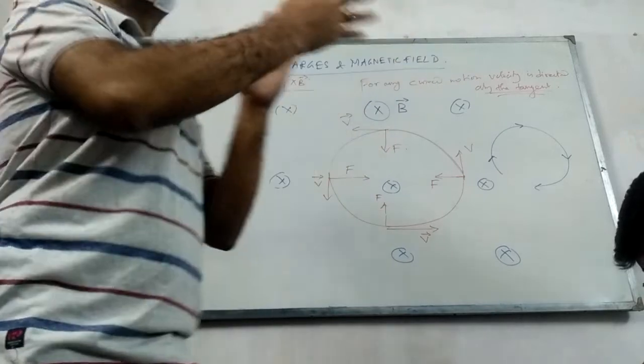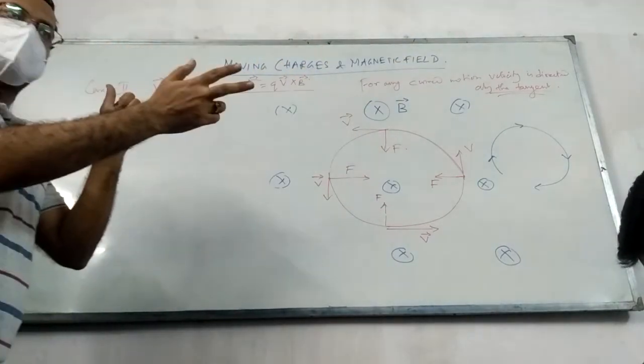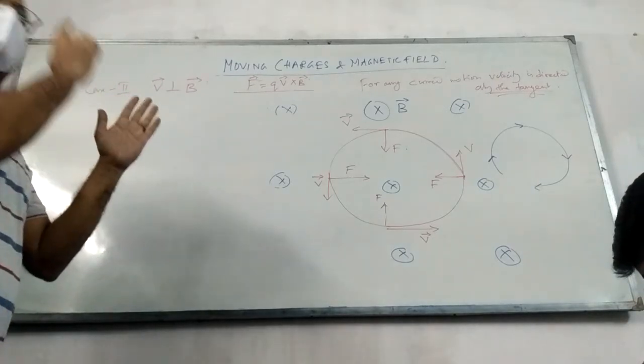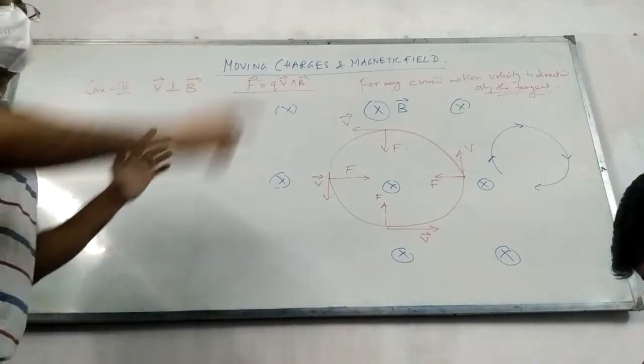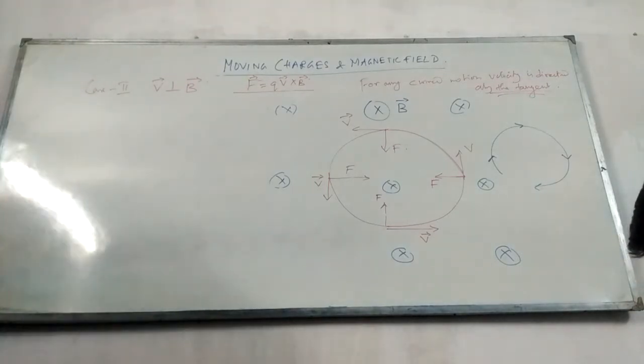And then we introduced B out there and found that v and B both are vectors, and since this force is found to be perpendicular to both v and B, it should be a cross product. ठीक है? क्या बोलो?